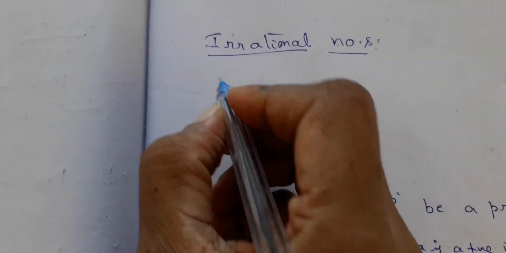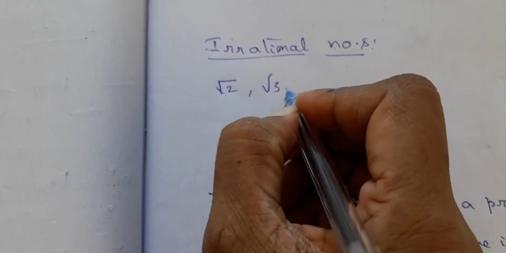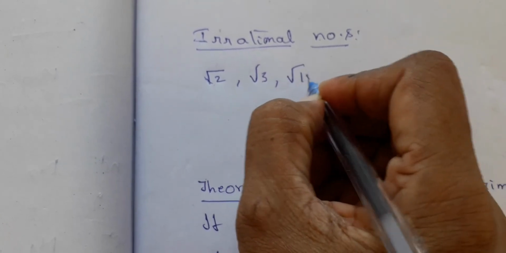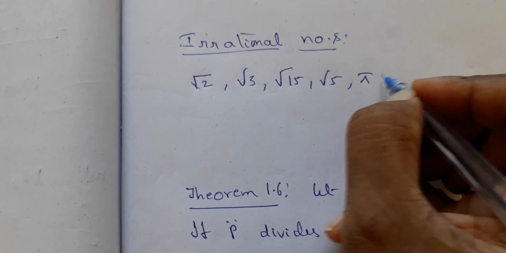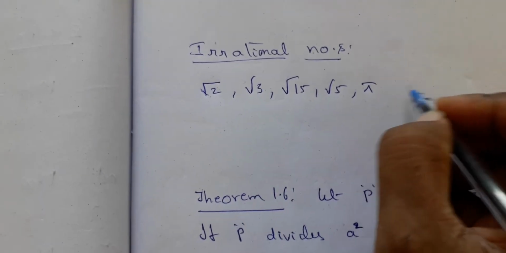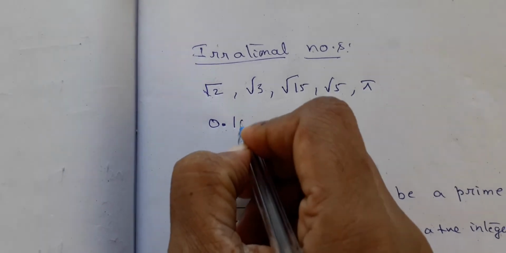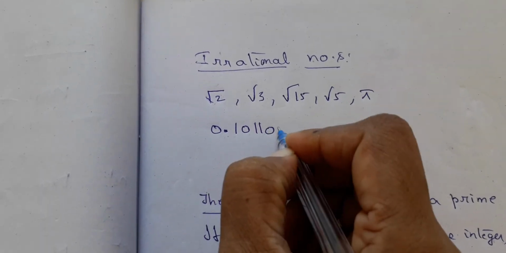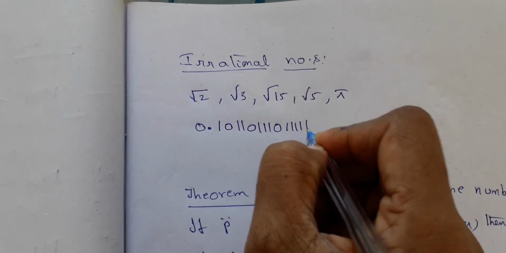Usually, when we talk about irrational numbers, root 2, root 3, root 15, of course root 5, and pi all come under irrational numbers. Suppose I take a decimal value like 1 0 1 1 0 1 1 1 0 1 1 1 1 1 0.